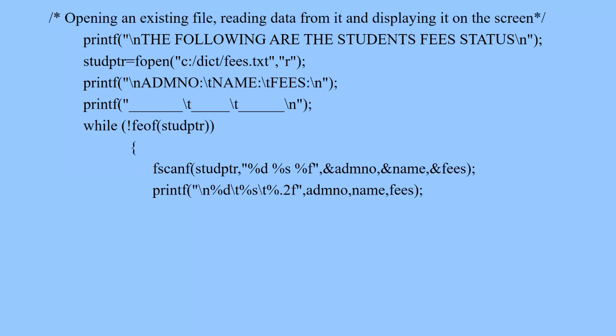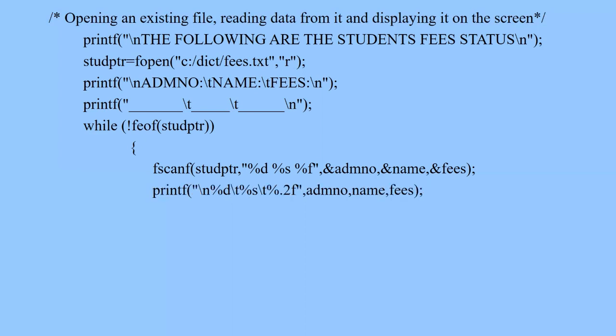So display the content of admission number, formatted, name, formatted, then fees, formatted, but with 2 decimal places. In other words, what I'm calling formatting is the escape sequence \t, which is for tab.